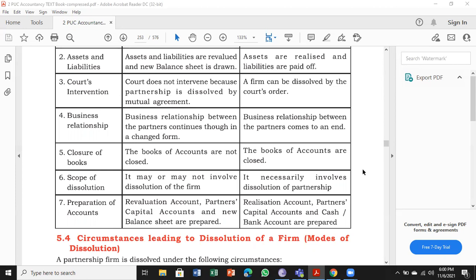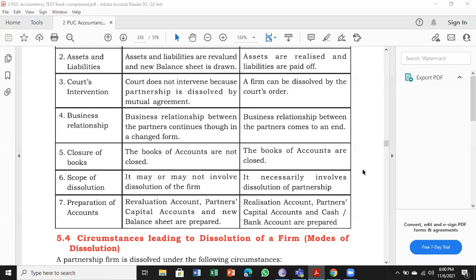But in case of the dissolution of firm, definitely the business will come to an end. Whether it's 3 partners, 5 partners, 10 partners, business will come to an end. The 7th one is the one easily for you to understand the difference. Which are the accounts prepared therein? In case of admission, retirement, death, or whatever, 3 situations, revaluation account is prepared, partners' capital accounts are prepared, and a new balance sheet is prepared.